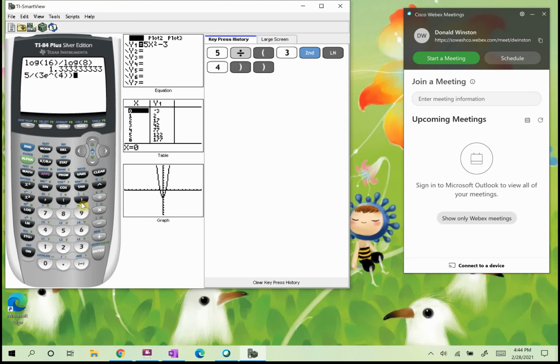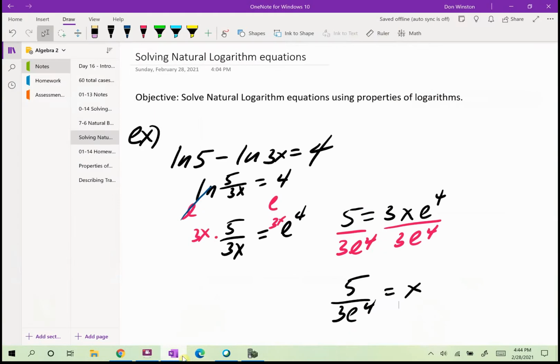Close off the parenthesis, and that gives me approximately 0.0305. Okay, so I'm going to go out to Desmos.